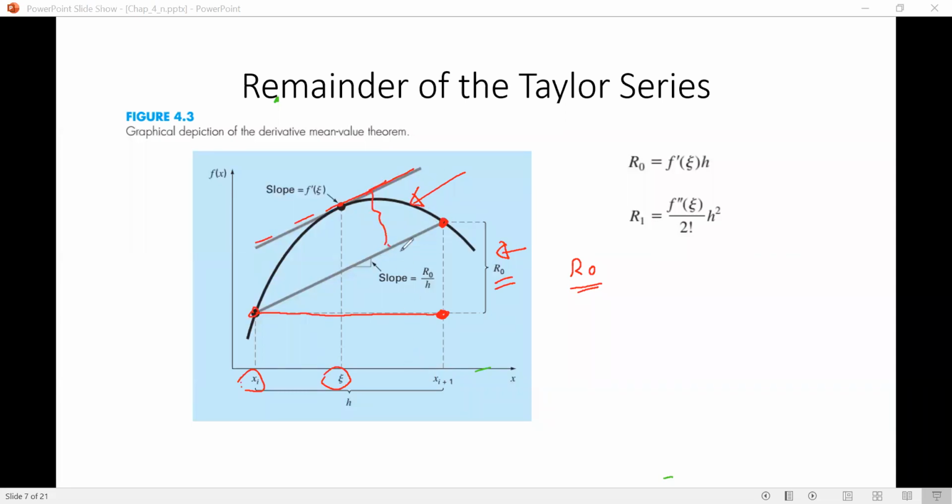So this slope, h0 divided by xi, can again be replaced by the derivative of your curve at the point x equal to xi. In this way, we can derive this equation for the zeroth order case, and we can logically extend it for the first order case.